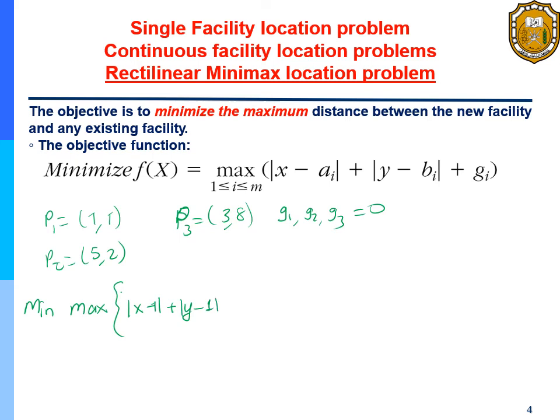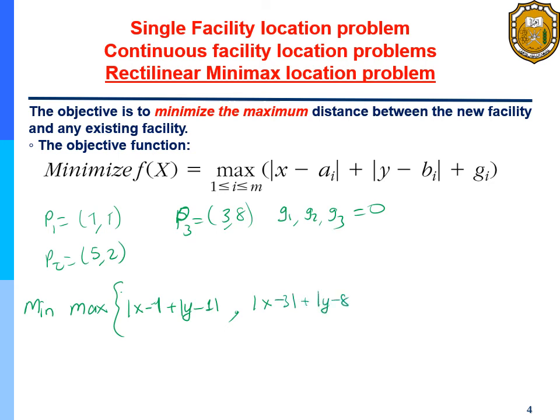This is the distance to the first facility. And then we will take the maximum of this one, or x minus 3 plus y minus 8.